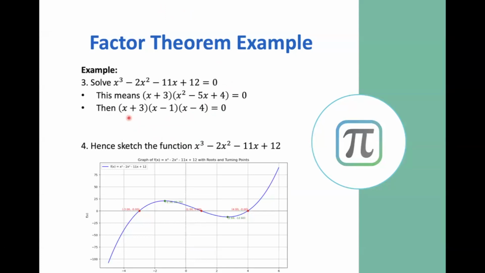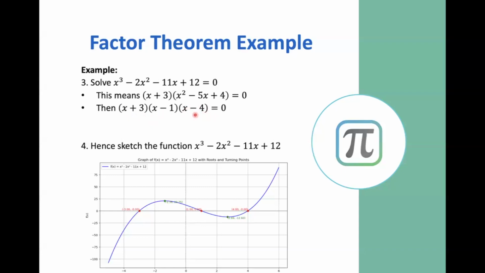And 0 times anything is 0. So you only need one of these parts of the equation to be 0 for the whole equation to be 0. And to get one of these individual sections to be 0, it's the negative number of the one you've got in the bracket.